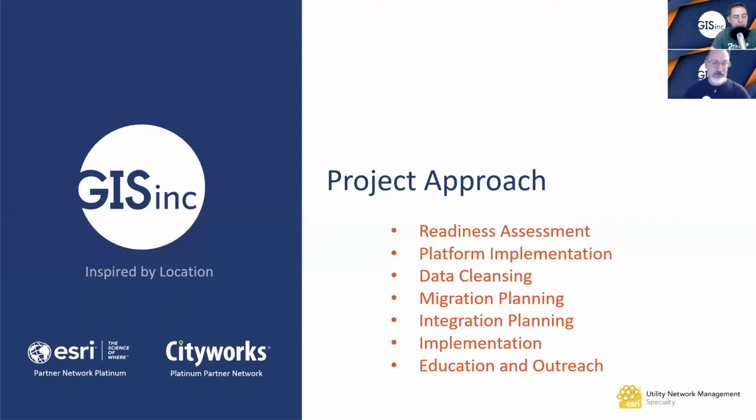And then an architecture upgrade. So, we do a lot of enterprise jump starts and other implementations for clients to help get their architecture up and running. So really, with those proven workflows that we've done for years, add that to our utility network management specialty designation, and we're really comfortable with the whole process.